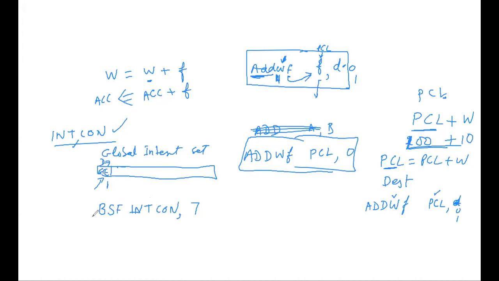So when you write it this way, your effect will be, it will set the bit number 7 of the int con register. Any doubt at this moment? So this means your global interrupt is set.